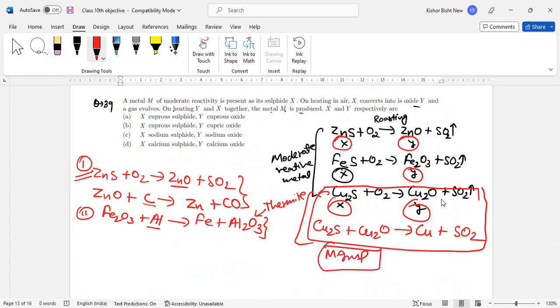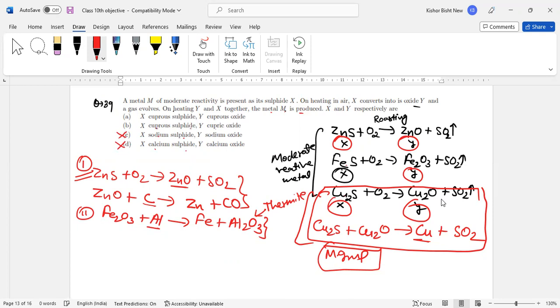Write the two steps for the purification of copper from copper sulfide. First, copper sulfide changes to copper oxide. Again, copper sulfide and copper oxide react together and then you get purified copper. Now, X is cuprous. Calcium sulfide is wrong. Sodium sulfide is wrong. It means cuprous sulfide, cuprous oxide.